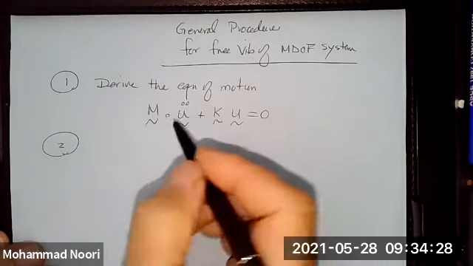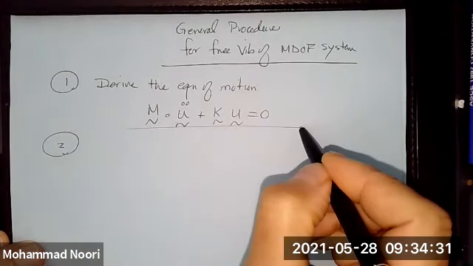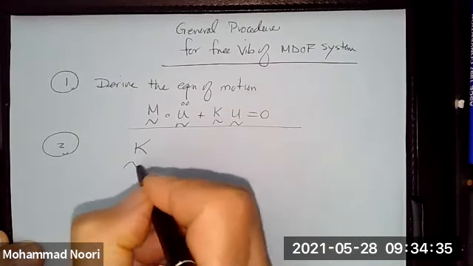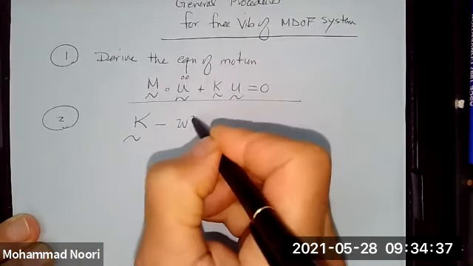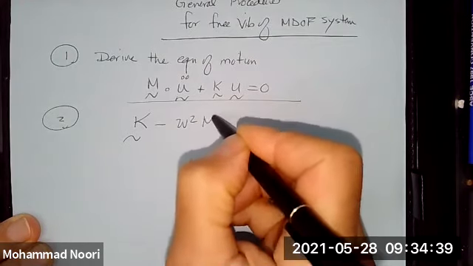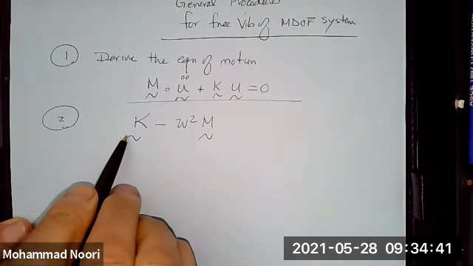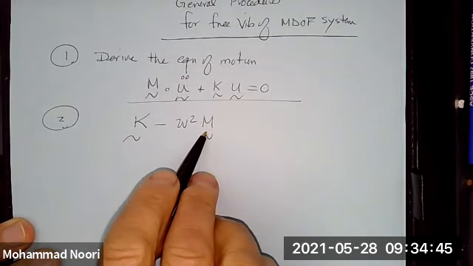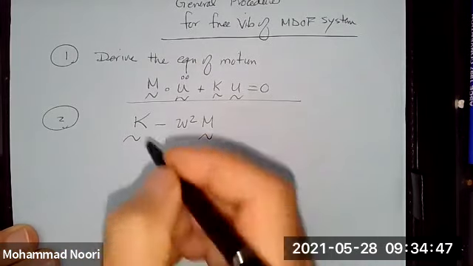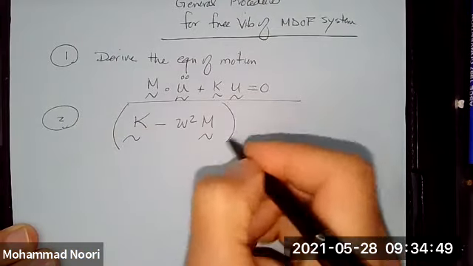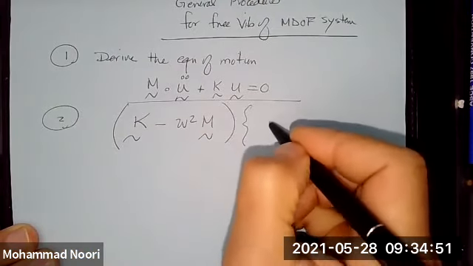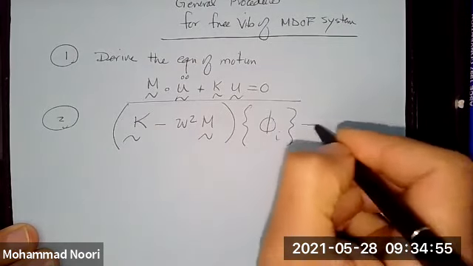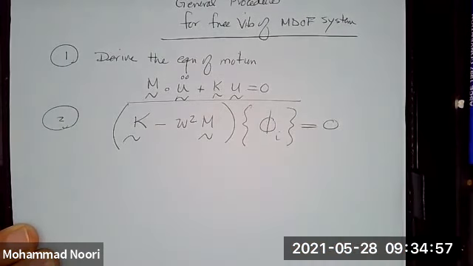After you set up the equation of motion, you simply set up this eigenvalue problem. You write the stiffness matrix, subtract from it omega squared times the M matrix, multiply by the mode shape, equal to 0.